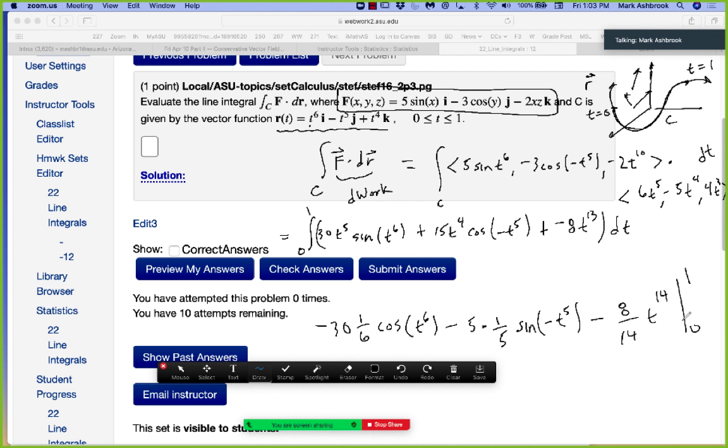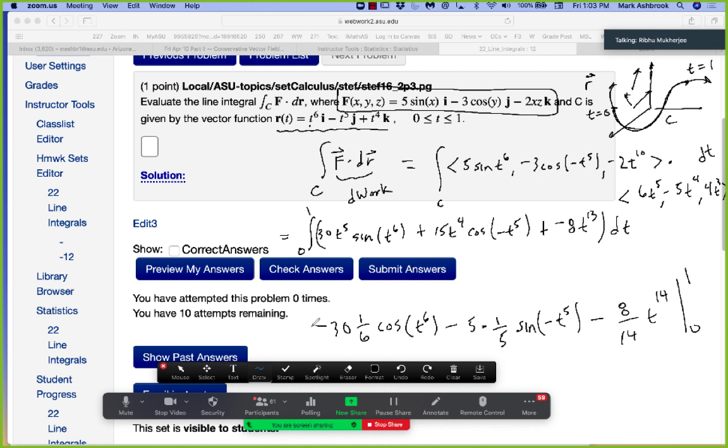Plugging 0 into cosine does not give 0. Cosine of 0 is 1. Okay? So plug 1 in, but you gotta evaluate 0 plugged in. It doesn't always give 0. It gives 0 here on sine, it gives 0 on t to the 14th, but 0 in here does not give 0. So that might be another place where we got tripped up.